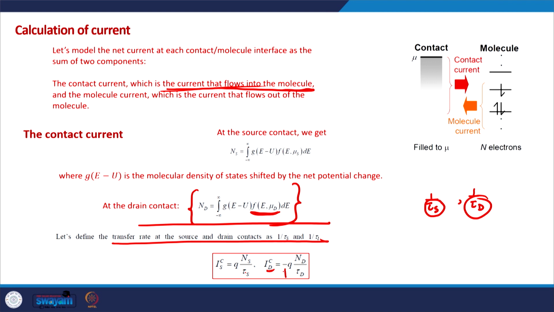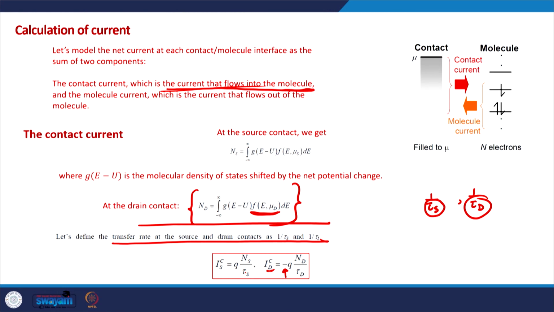The reason for this negative sign is that a positive voltage on the drain side allows electrons from the source to go into the molecule and from the molecule to the drain. We have taken a convention: if the electrons are going from the contact into the molecule, the current is defined as positive, and if the electrons are going from the molecule to the contact, it is defined as negative.